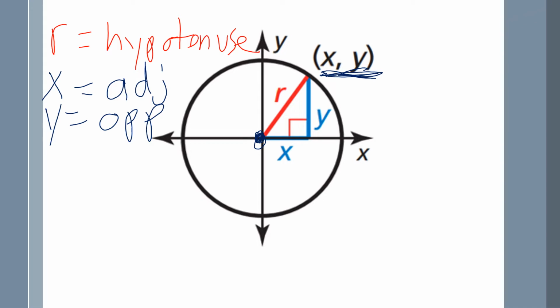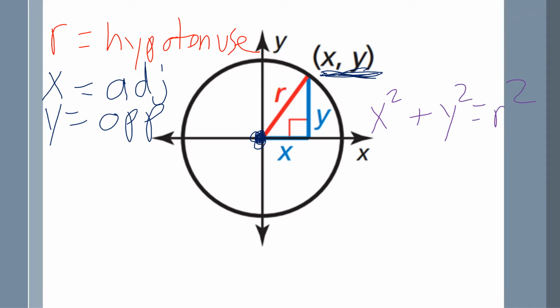But look at the details of this. Since looking at this circle, the center is at the origin, this is the formula for this Pythagorean theorem. So x squared plus y squared equals r squared.